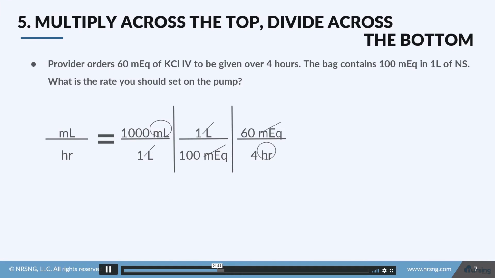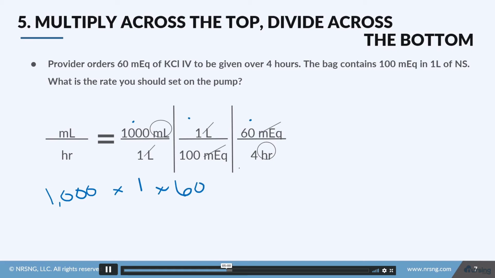Now here's the fun part, and here's why I love this so much. Now you only have to do one calculation. So remember this phrase: multiply across the top, divide across the bottom. So you're going to go into your calculator and you're going to type this: 1,000 times 1 times 60.